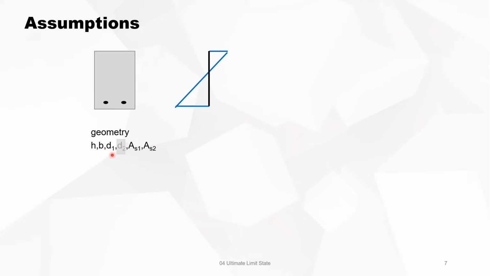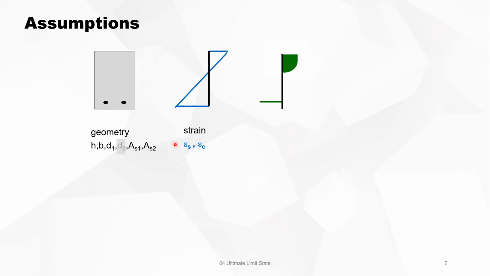But most of the time D1 equals D2. So we will leave D2 out for the moment. So we have the height, the width, the distance of the center of gravity of the reinforcement, and then compression and tension reinforcement. That's what the geometry is concerned.